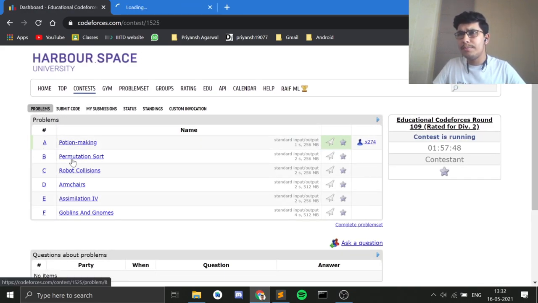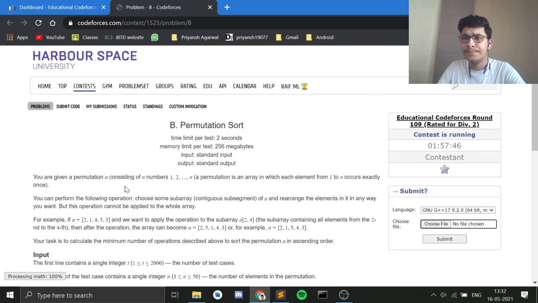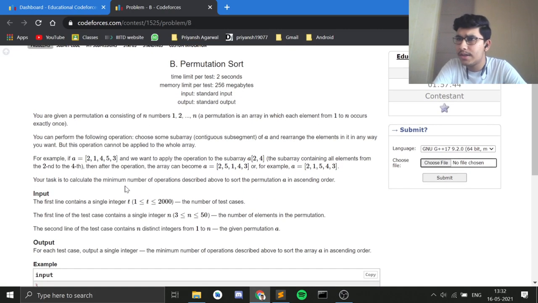Moving on to problem B now. You're given a permutation A consisting of n numbers, right? You can perform the following operation: choose some subarray of A and rearrange the elements in it in any way you want, but this operation cannot be applied to the whole array. For example, if this is the array and you choose the subarray 2, 4, right?